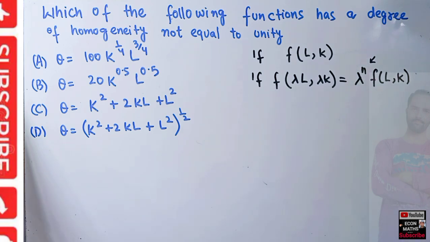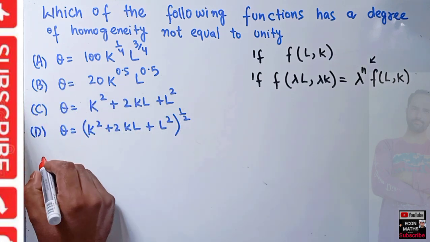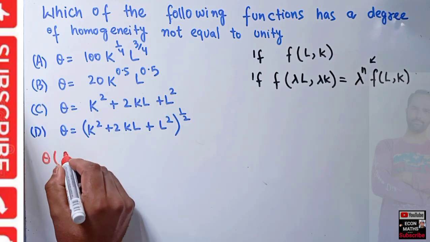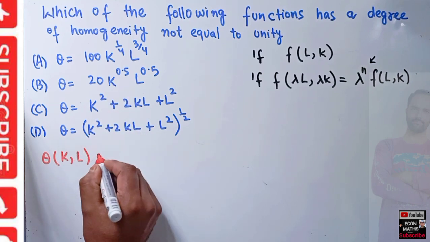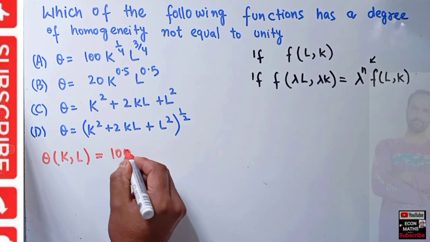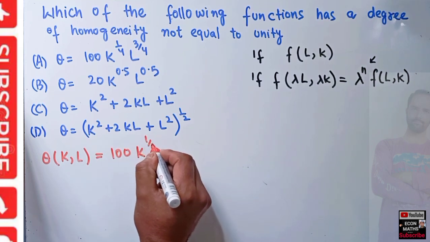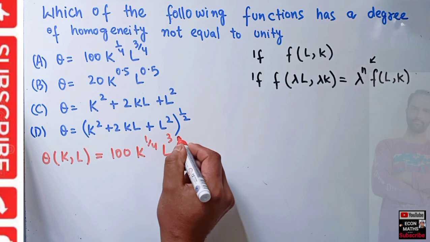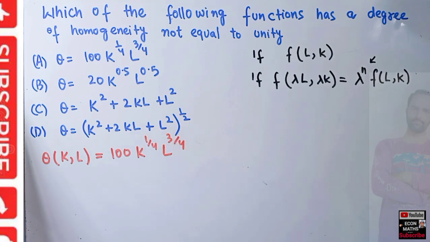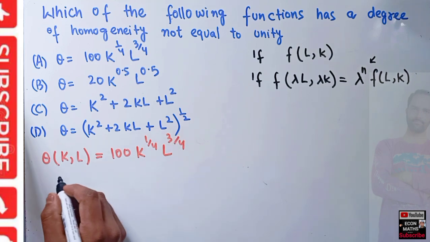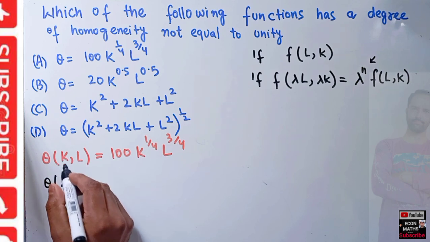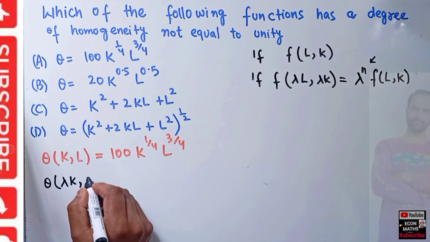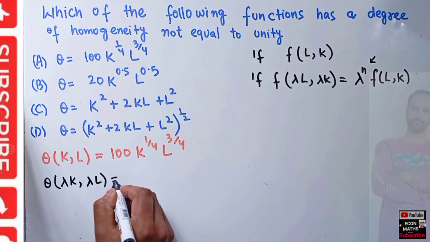Okay, now let's take the cases one by one. In the first case, Q is a function of capital and labor: Q = 100 K^(1/4) L^(3/4). Now if we multiply each input by lambda, that means we increase capital by lambda and labor by lambda, then what will happen here?